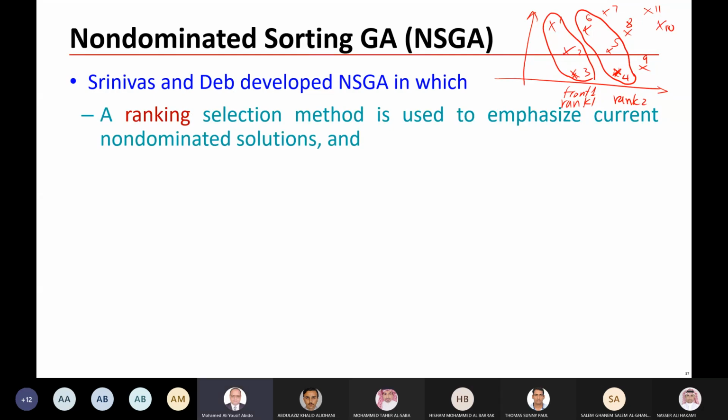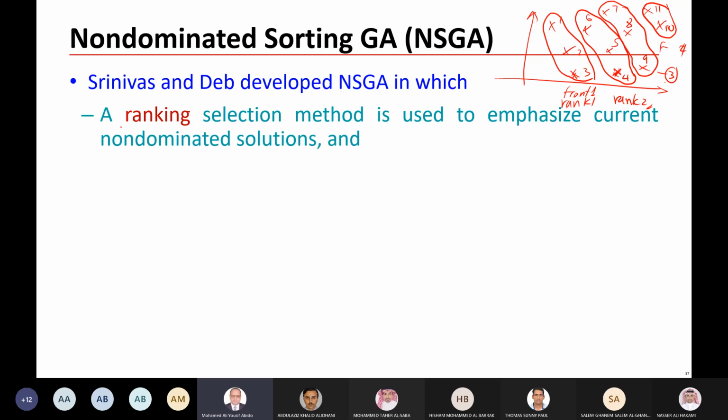And exclude this rank, and the remaining also you can do the same. So you have here a third rank or third front, and this is the fourth front. This is front 4, and this is 3, and this is rank 2 or front 2.